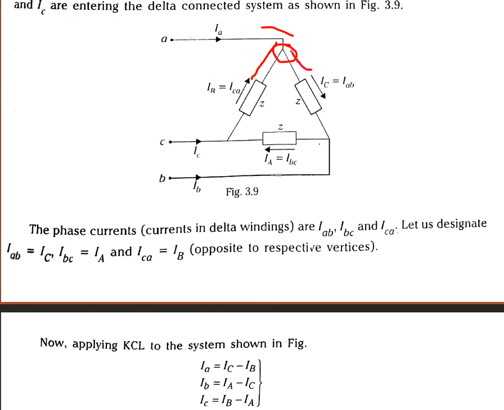Which is the incoming current and which is the outgoing current here? IA and ICA are incoming. This is my outgoing current.